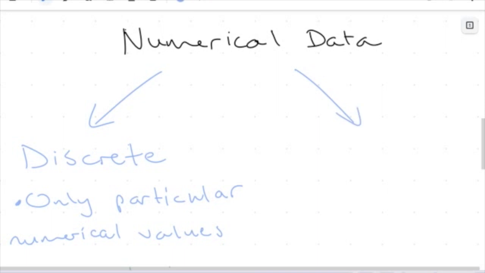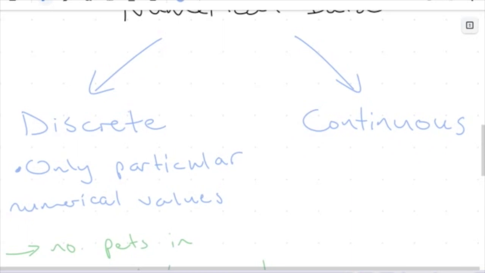And the other category is continuous numerical data. What is that? Well, what we mean by this is that the data can take any value in a range of values. So let's write here. I'll write it down first.